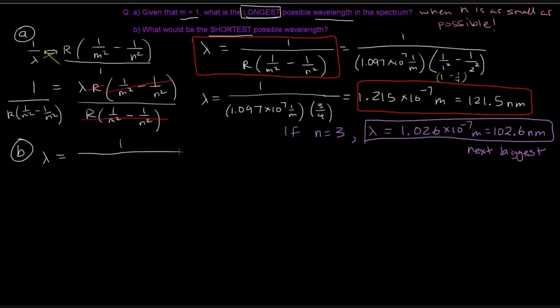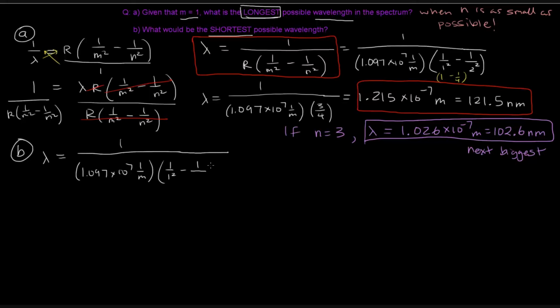So I'll just plug this all in here because we know what R is already, 1.097 times 10 to the 7th, 1 over meters. And we know that m equals 1, so we'll have 1 over 1 squared minus 1 over n squared.